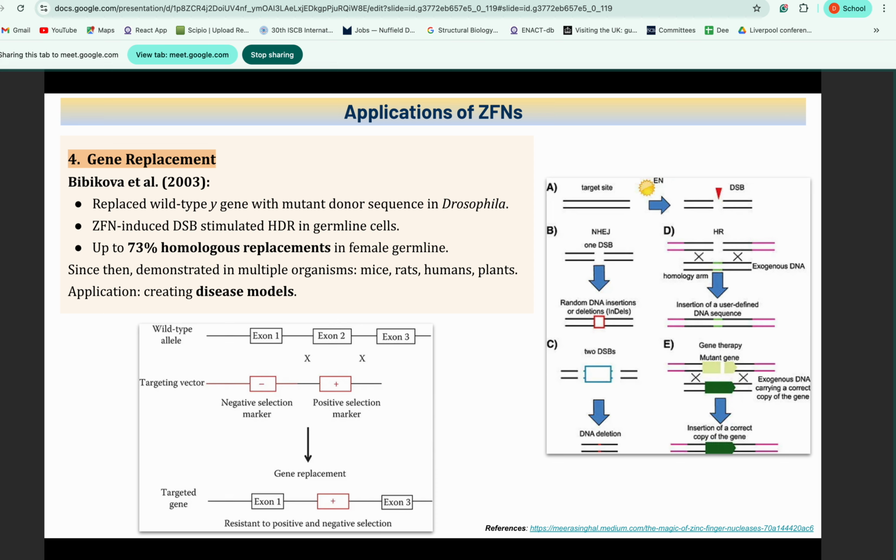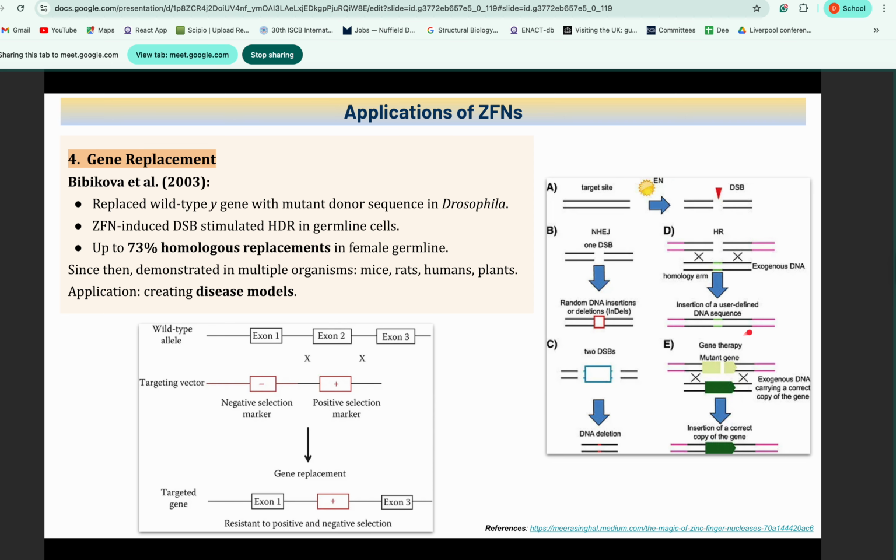With a mutation in those genes, we can see how it influences the organism, whether it leads to some disease or not. With the help of zinc finger nucleases, we can replace those genes with mutated genes, and we can see how it appears and how it affects the function. So that's why it can create disease models.